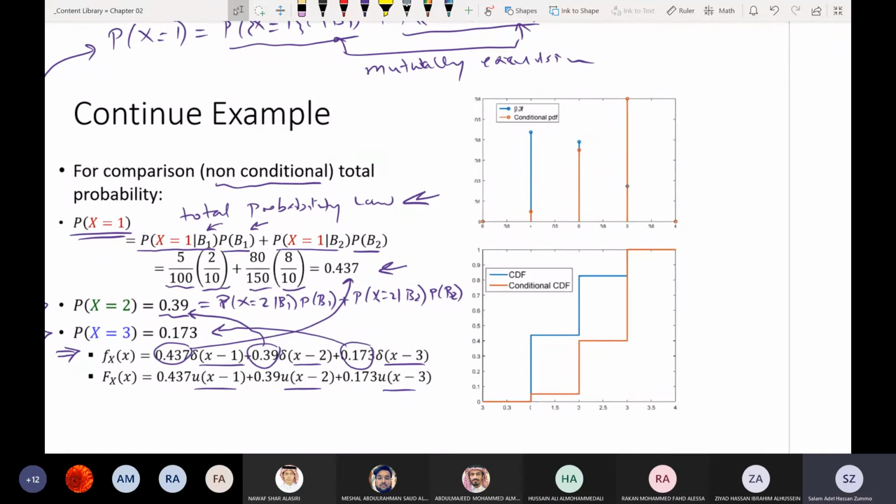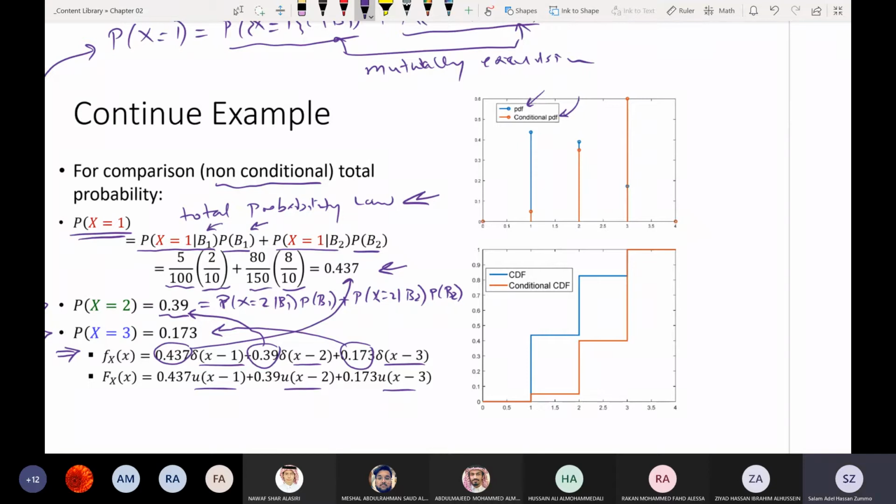Here we're looking at the PDF and the conditional PDFs. The PDF of X is the blue, and the conditional PDF is the red.